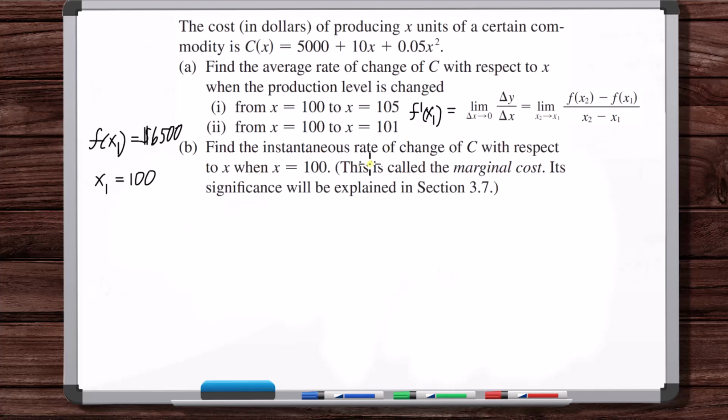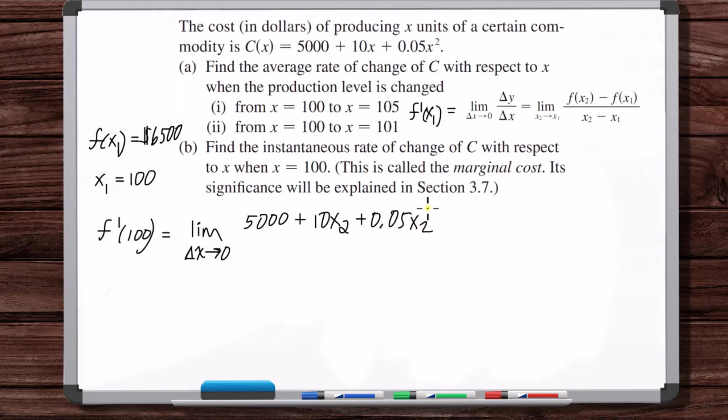Okay, so you've got F prime of 100 is equal to the limit as delta X approaches 0 of F of X2, which is 5,000 plus 10X2 plus 0.05 X2 squared, minus F of X1, so 6,500, over X2 minus X1, so X2 minus 100.